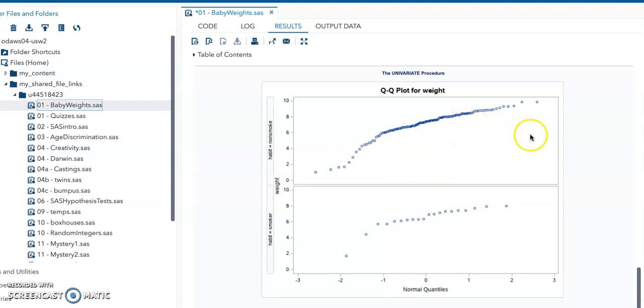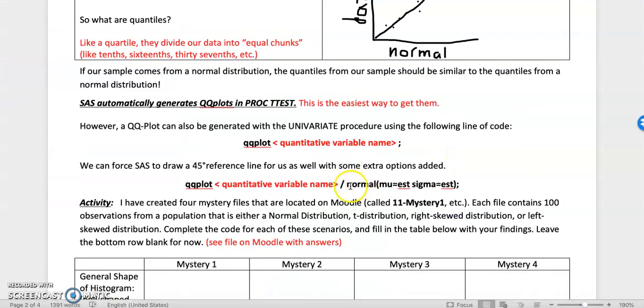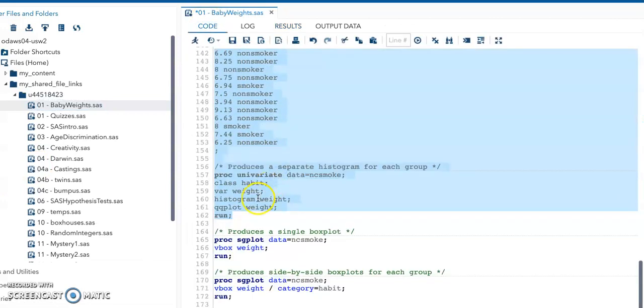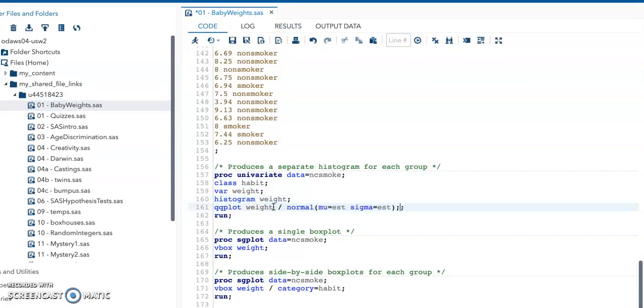You might notice that there's no line on here like there was on the picture that I drew for you. But if I go back, you'll see that there's some extra code that we can add here. Don't worry about what it's actually saying. Let me just copy this and paste it on here, and I'll rerun this.